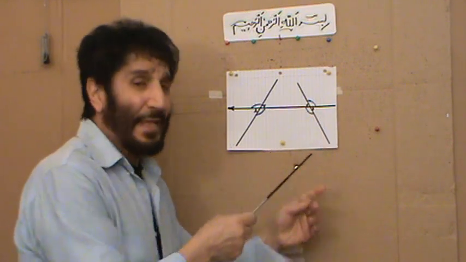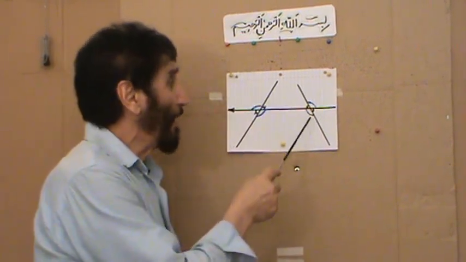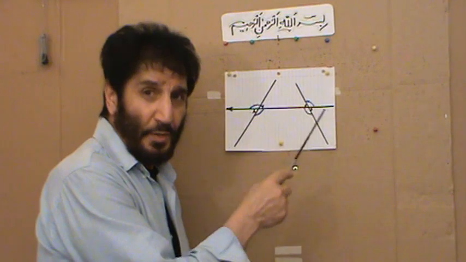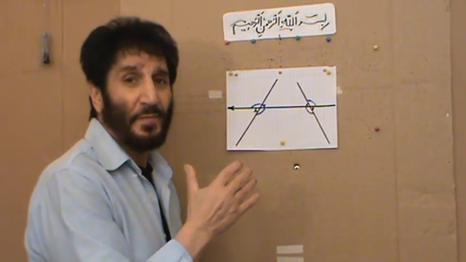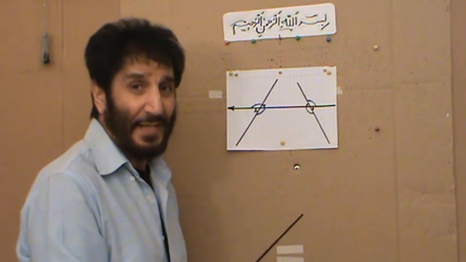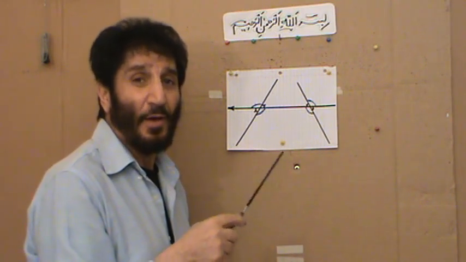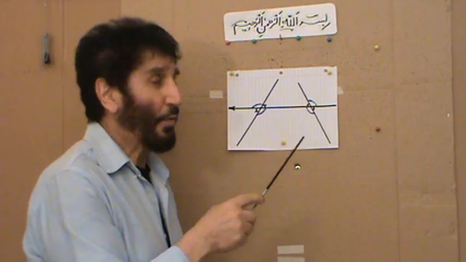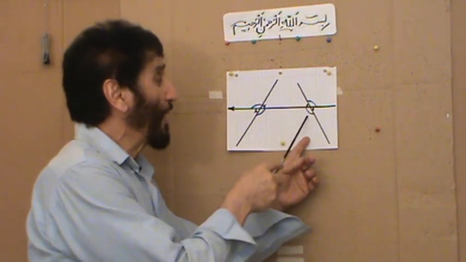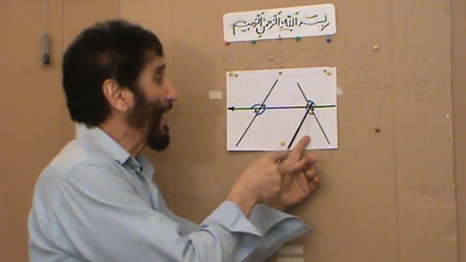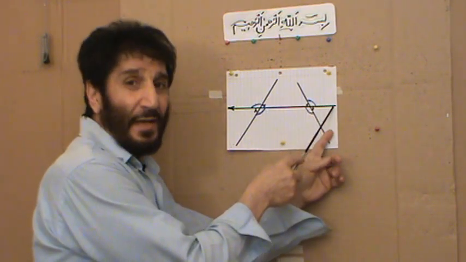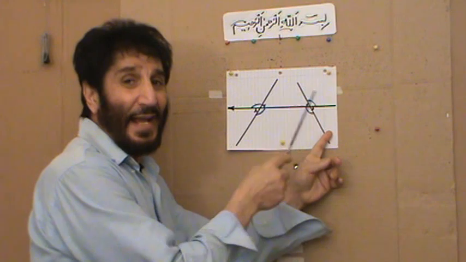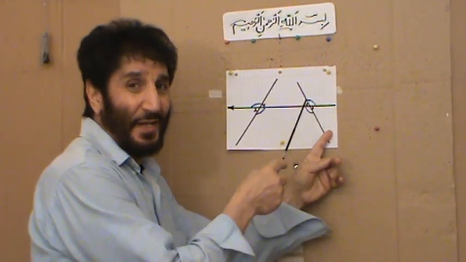The angle that the line makes with the x-axis, toward the positive direction of the x-axis, is the angle of our interest. From these four, we mean this angle, because this angle is closer to the positive x direction.